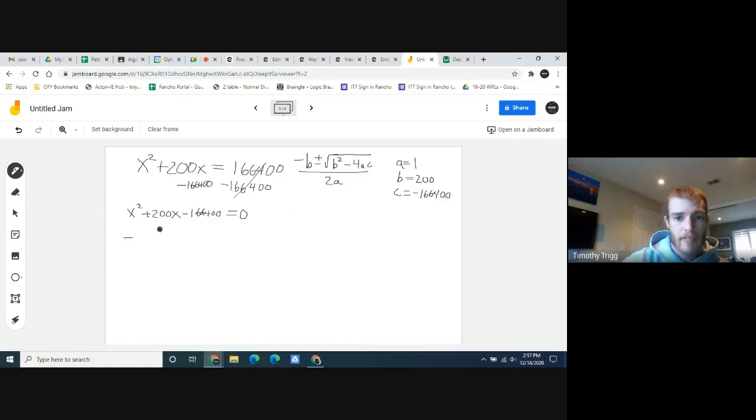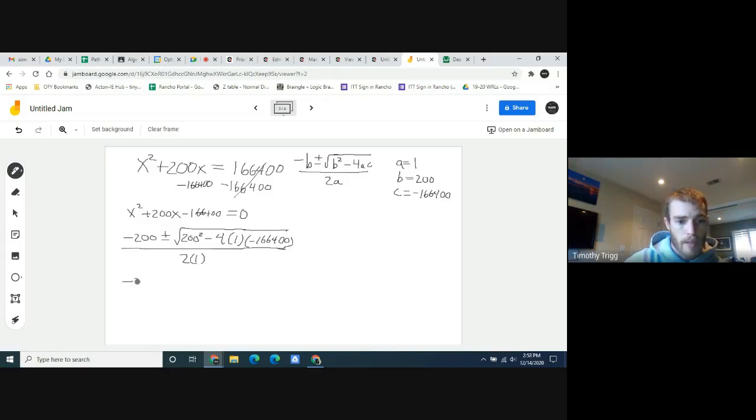So it's going to be negative b, so negative 200, plus or minus the square root of b squared becomes 200 squared, minus 4 times a, which is 1, times c, which is negative 166,400, all divided by 2 times a, which is 1 again.